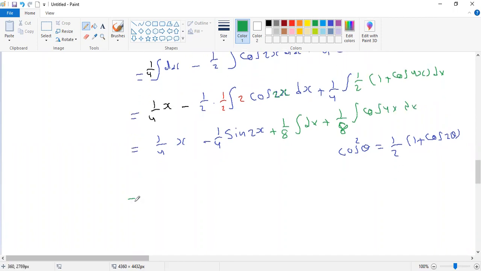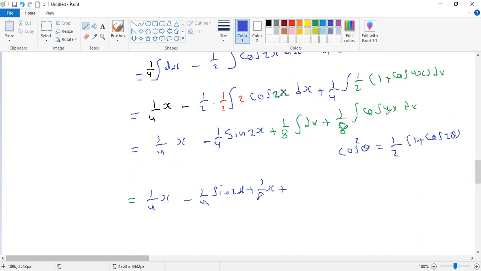The answer is equal to, for the first one still the same, 1 over 4 x minus 1 over 4 sine 2x plus 1 over 8 x, because this is 1 plus the integral of cosine.